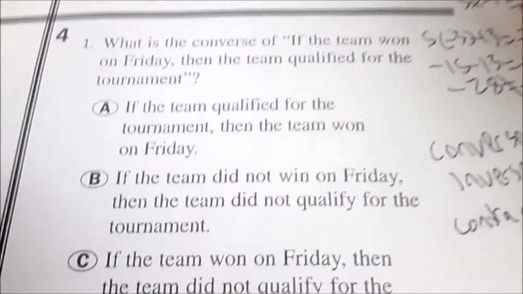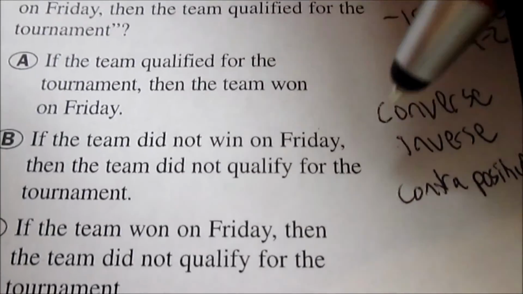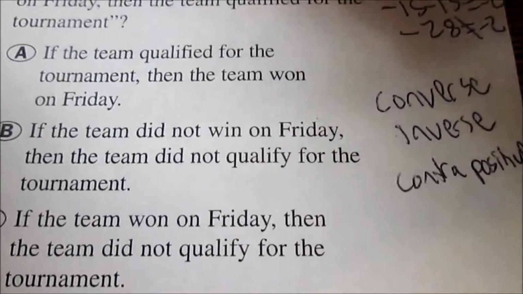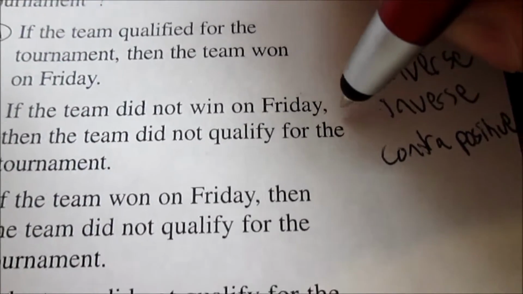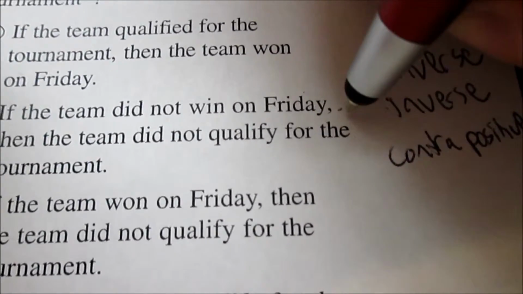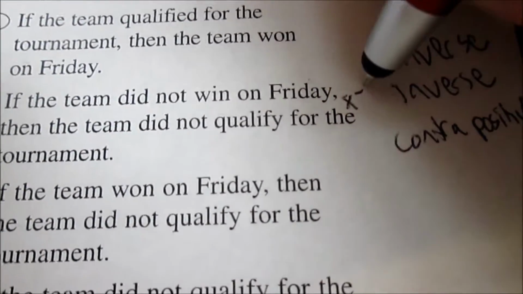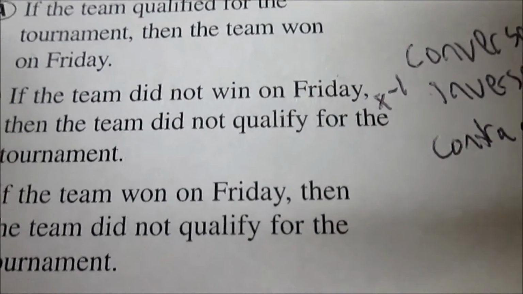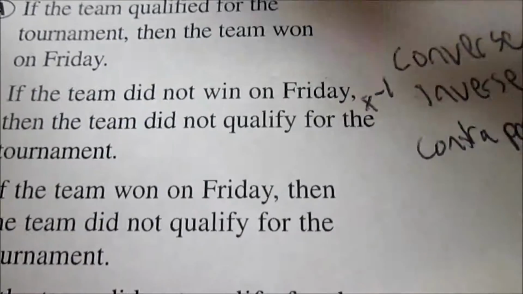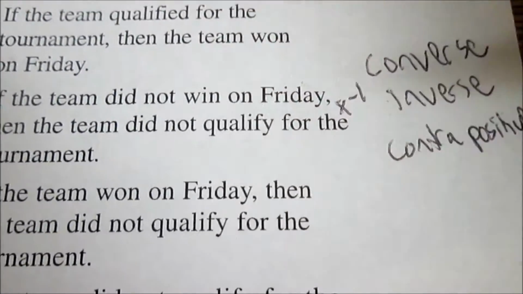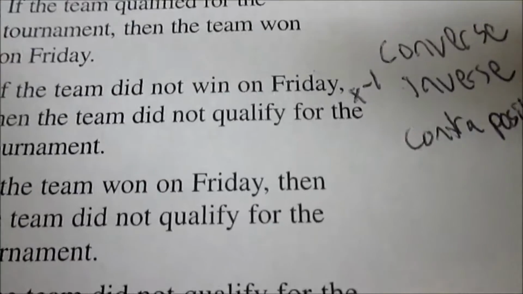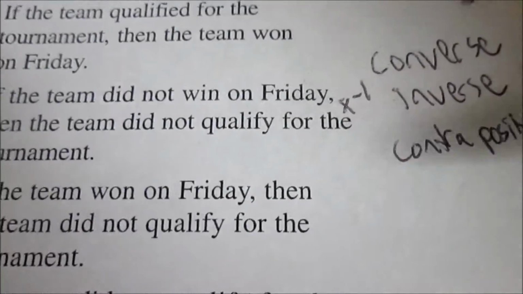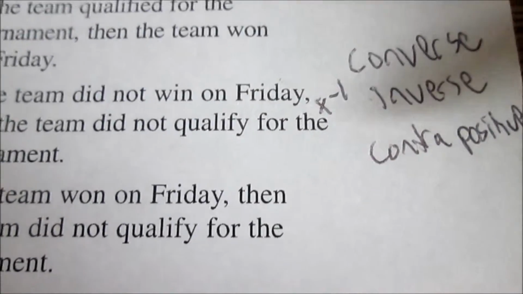And the way I like to do it is I start by remembering for sure what the inverse is. Inverse is usually always associated with something negative, like for example, x to the negative 1. And that's more of a different topic for another time, but just keep in mind that inverse is negative.